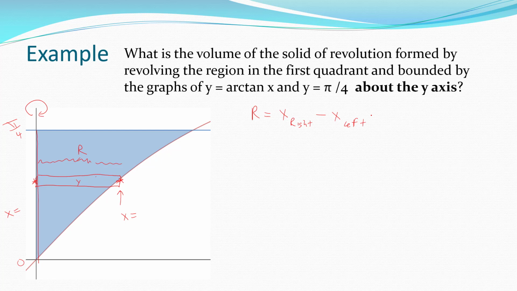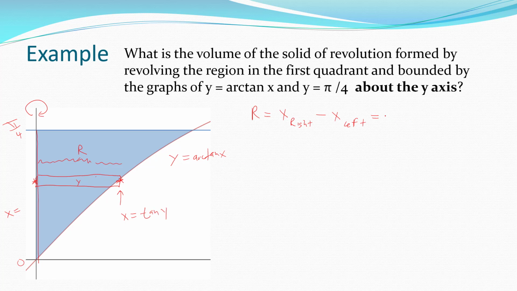So that would then be, let's see, this curve was y is equal to the arctangent of x. So if I take that equation and solve for x, I get another expression that represents that equation. That would be x equals the tangent of y by just taking the tangent of both sides.